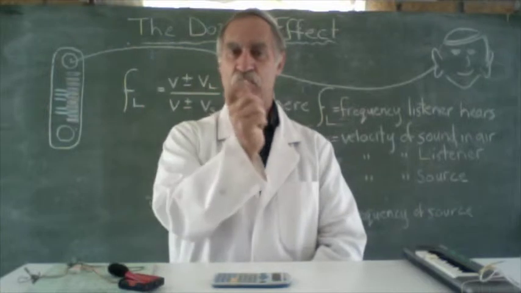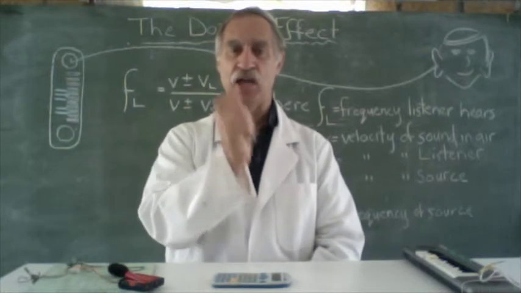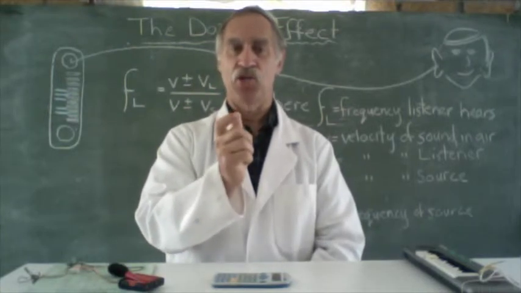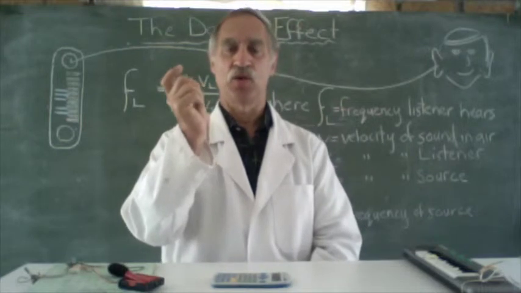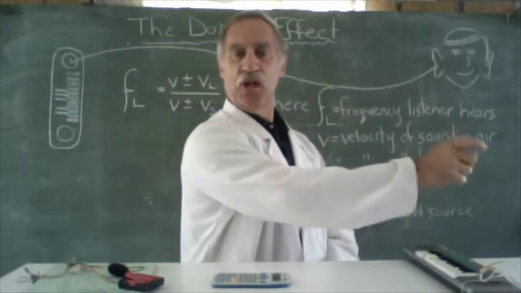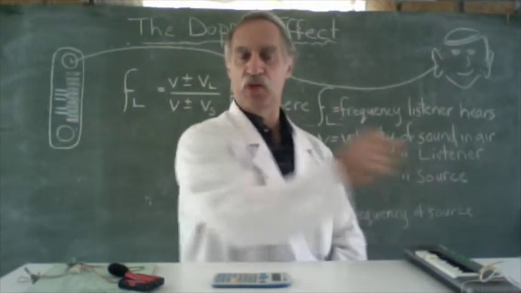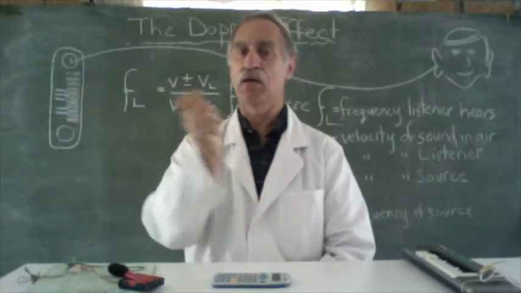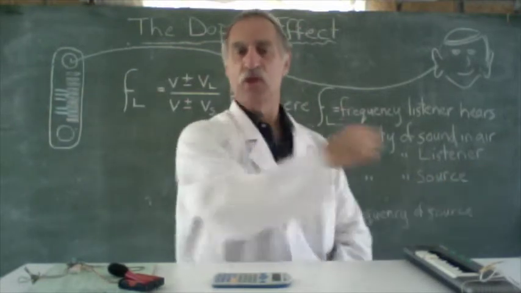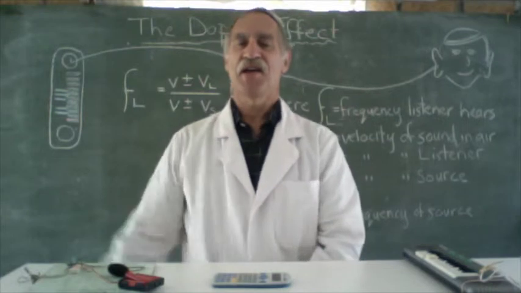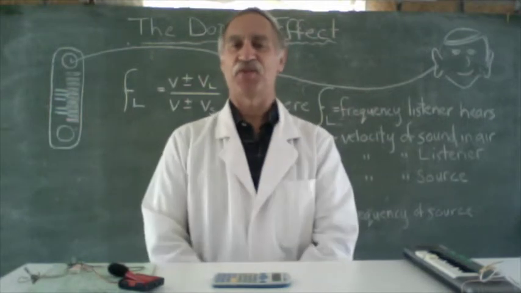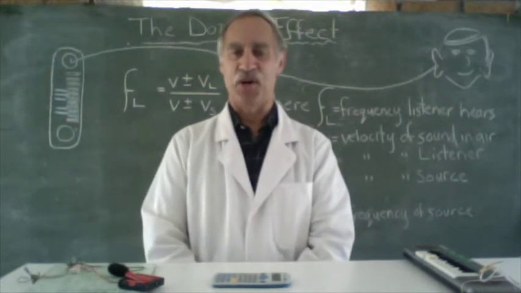Then as it passes you, you hear the actual pitch of the engine, and then as it goes past you, it becomes a lower pitch. So there's the yee, yum. So you're hearing a change in the frequency as something comes past you.